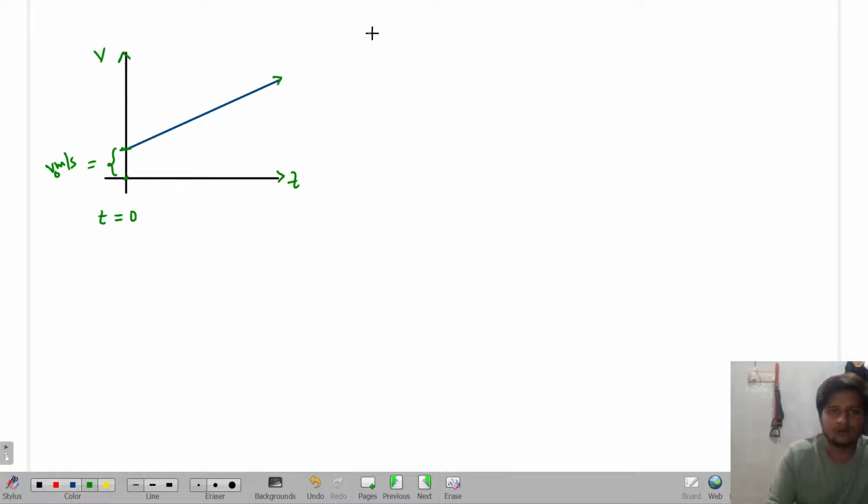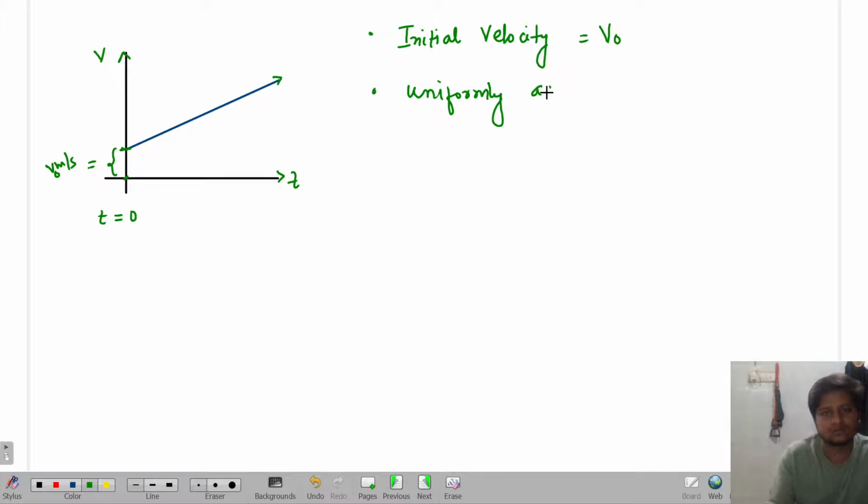So this is a graph having initial velocity v naught. Second point, again, it is a uniformly accelerated graph. Third point, non-uniform motion.